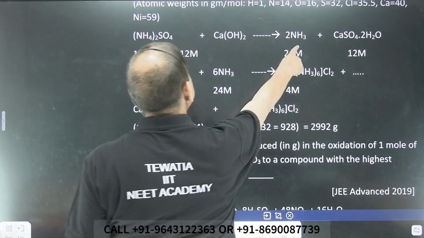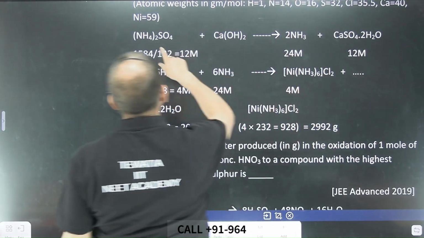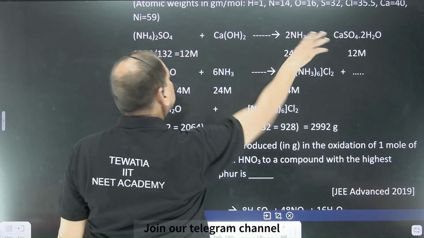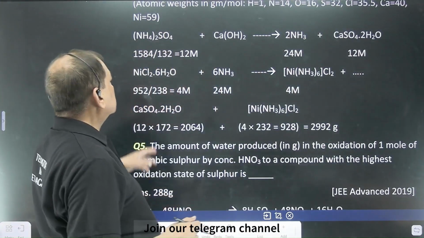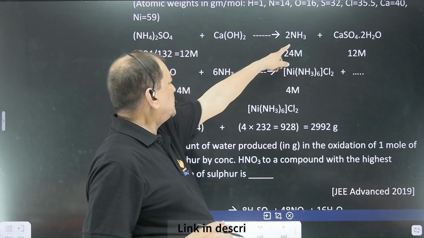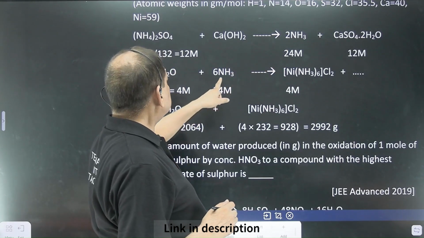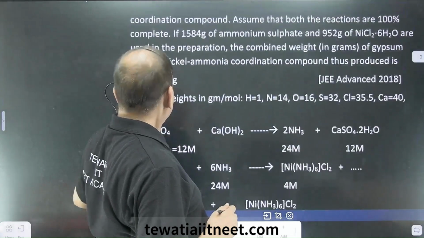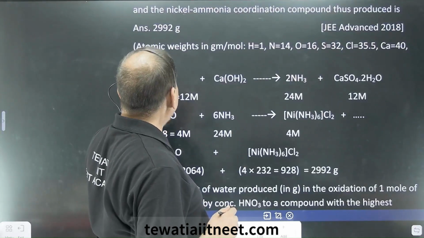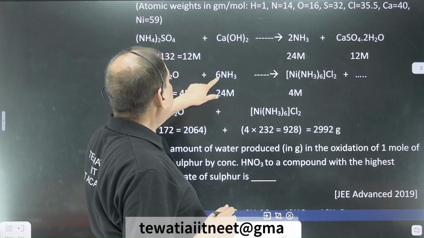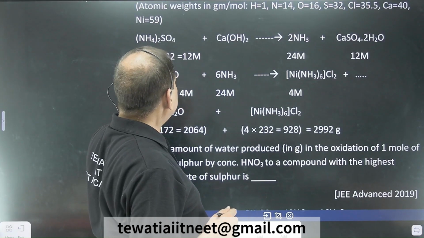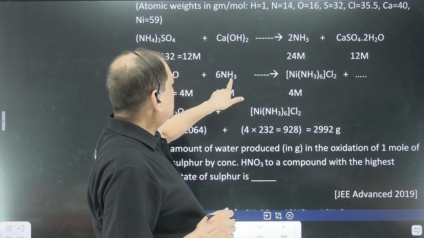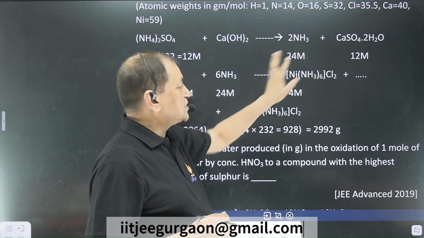So I think the equation is balanced, 2 nitrogen and everything. And this ammonia liberated here is used here with this nickel chloride. So 1 mole of nickel chloride reacts with 6 mole of ammonia, and this gives this much compound.